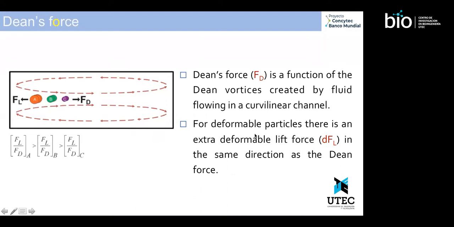And if you have deformable particles, there is an extra lift force from the deformability, which is in the same direction as Dean's force. This is all a bit technical, but it's just to show you that there are forces at play in this spiral, and you have a little bit of a sense that they are able to separate out different sizes of particles.